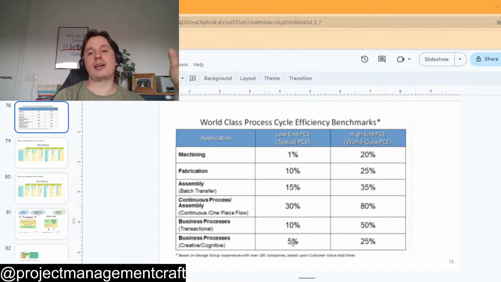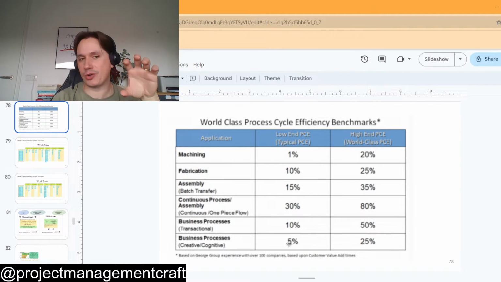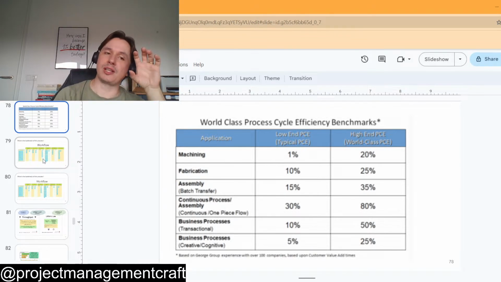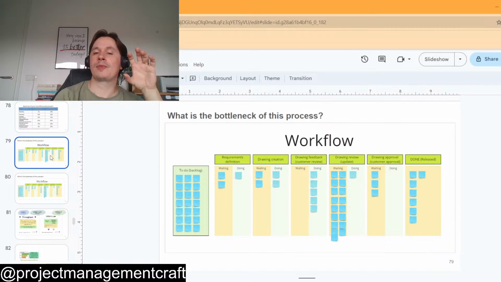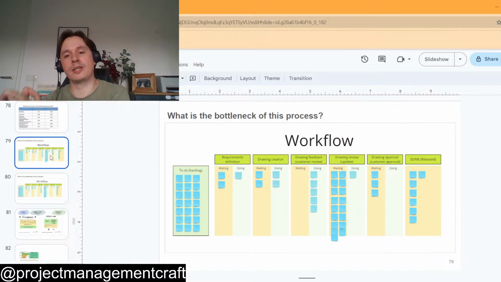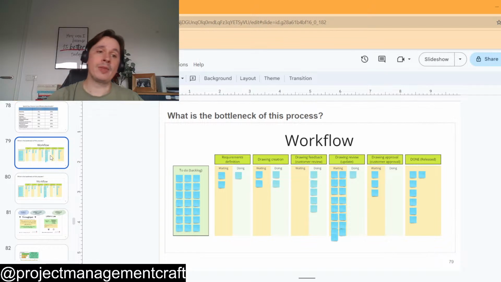Then you might find that your company has a process cycle efficiency right now of 5%. How do I improve it? If you get to a point where you can measure it, you start to visualize the wastes. And once you visualize the wastes, you can work on solving them. That's why Kanban is a great tool to help you do that in a project.